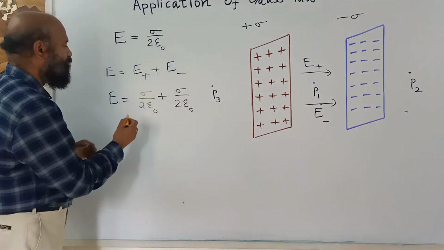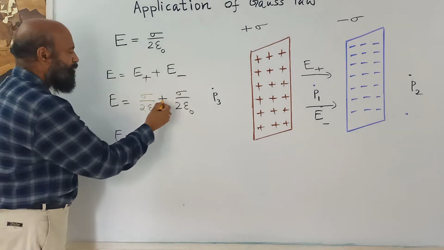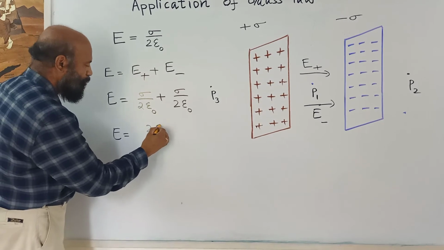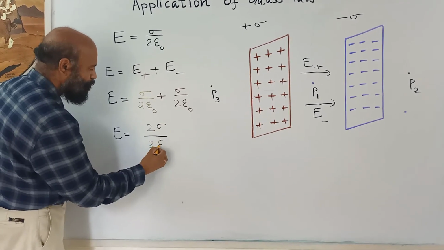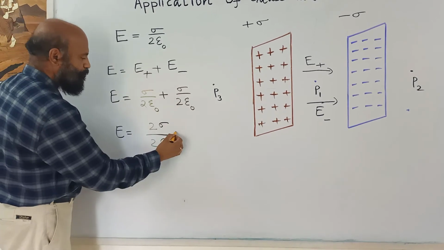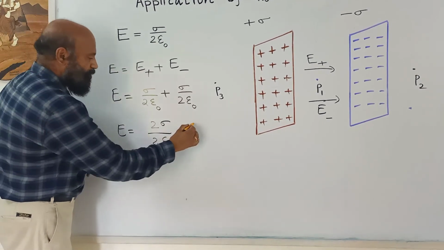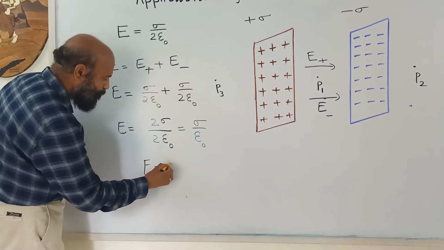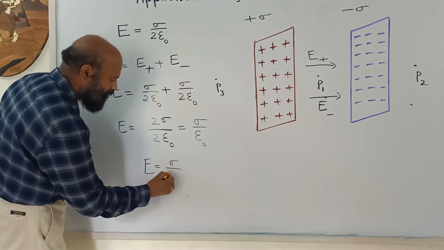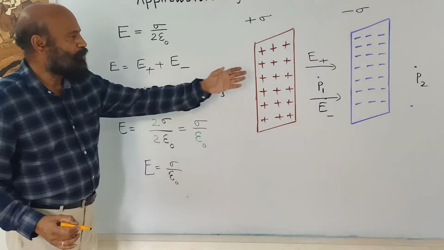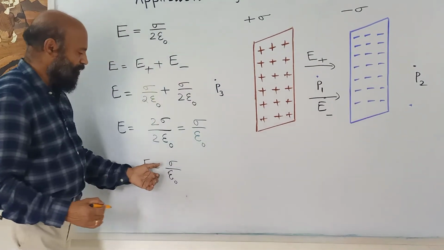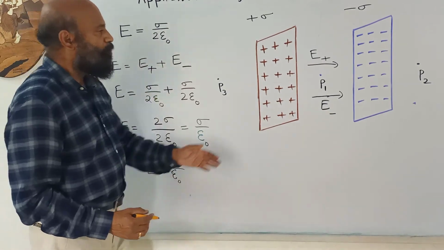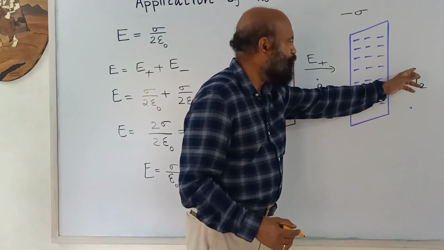When you add these two, sigma plus sigma, that is 2 sigma, with common denominator 2 epsilon 0, the 2 gets cancelled, so sigma by epsilon 0. So the intensity between two sheets, one positively charged and the other negatively charged, is sigma by epsilon 0.